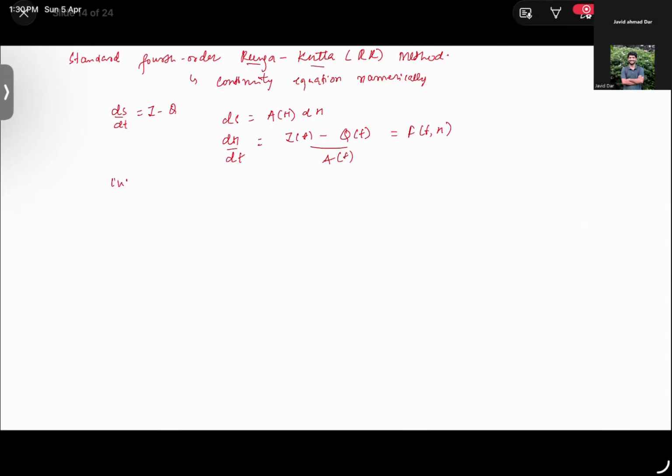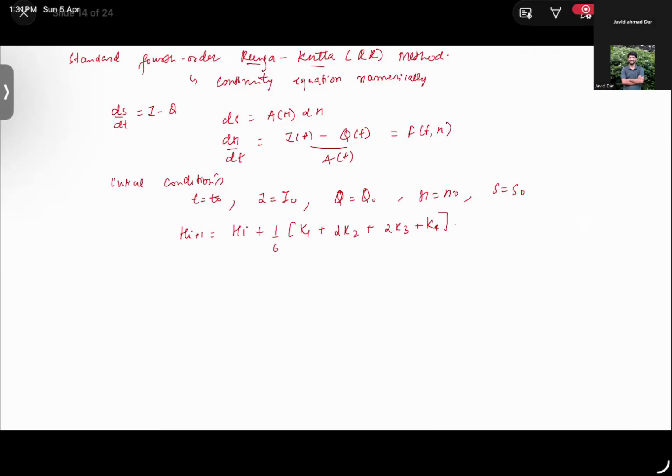Initial conditions: again for this also we need to know initial conditions. At t naught, we need to know I naught, Q naught, h naught, and storage S naught. Then h i plus 1 will be h i plus 1 by 6 into k1 plus 2k2 plus 2k3 plus k4, times delta t.